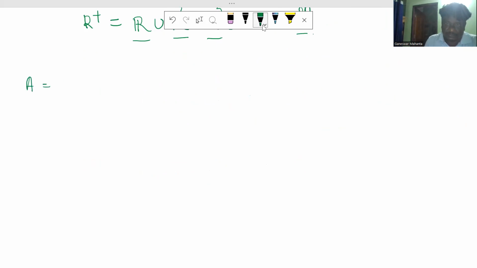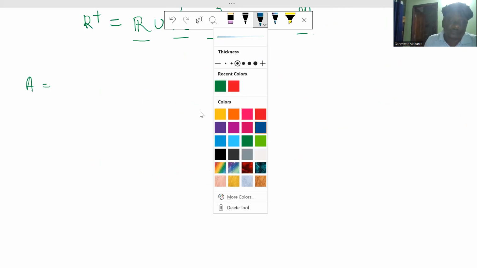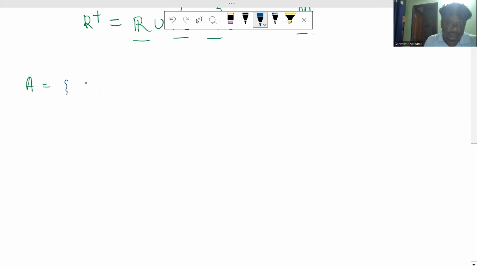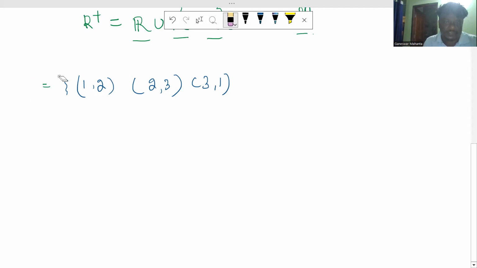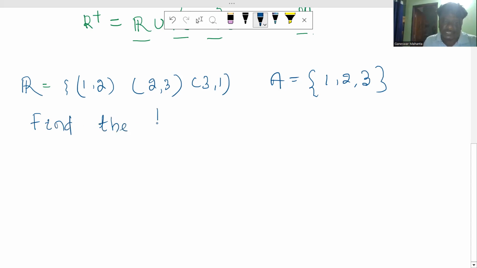A set is given here: set A is 1, 2, 3. And relation R is defined here as (1,2), (2,3), (3,1). On the given set A, the elements are 1, 2, 3. Find the transitive closure.